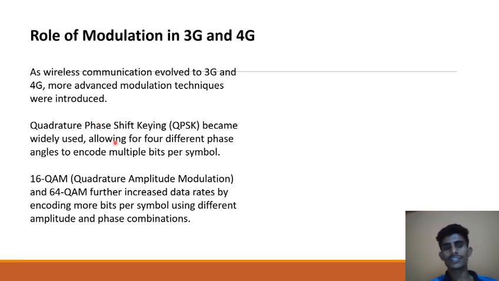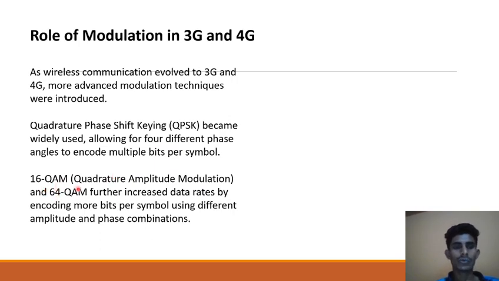And quadrature phase shift keying, in this we have the M value 4. That M value is nothing but the 4 different phases and angles used to encode multiple bits per symbol.